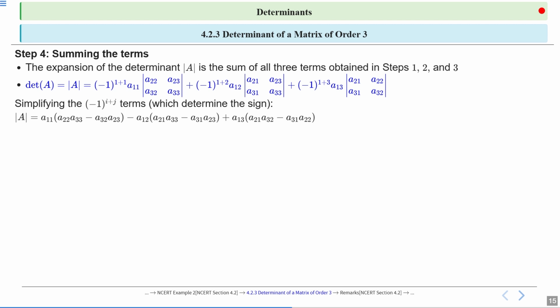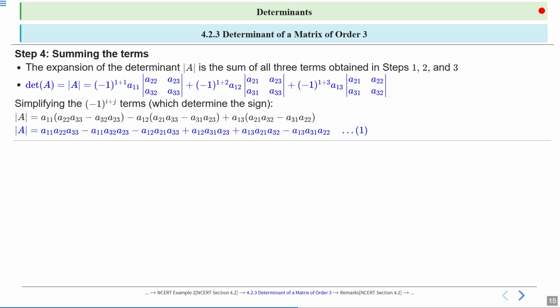Then minus 1 the power 1 plus 2 is minus 1. So minus A12 into A21 A33 minus A31 into A23, plus A13, as minus 1 the power 1 plus 3 is plus, into the determinant of A21, A22, A31, A32, that is A21 into A32 minus A31 into A22.